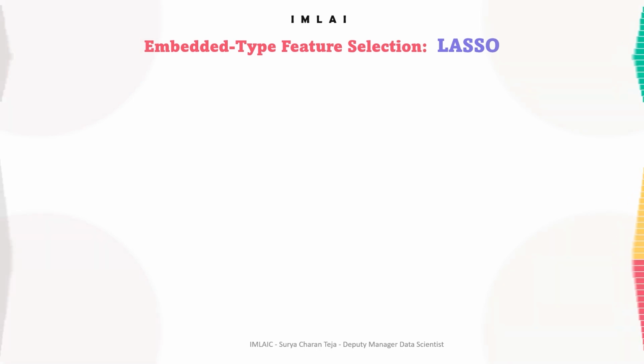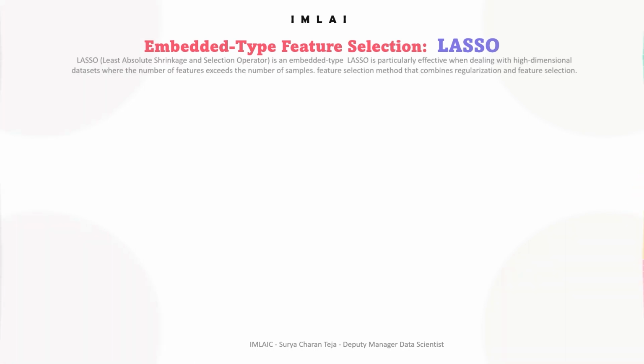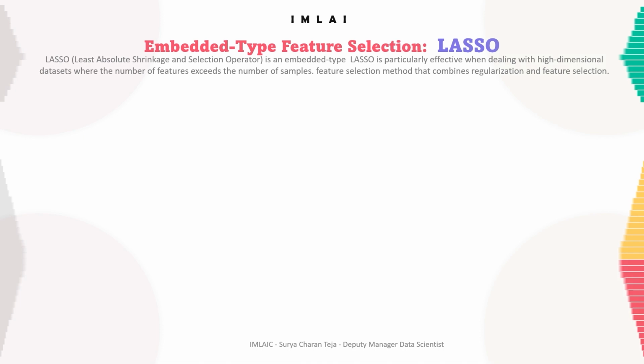It's commonly used in machine learning and statistics to select a subset of relevant features and perform variable selection. Lasso is particularly effective when dealing with high dimensional data sets where the number of features exceeds the number of samples. So let's define the lasso first.